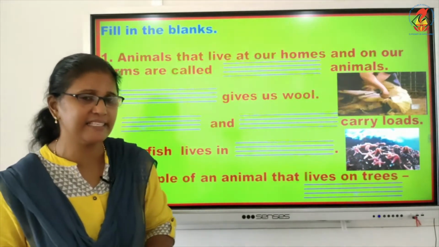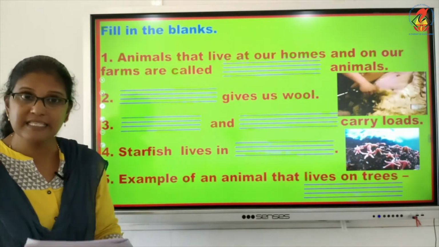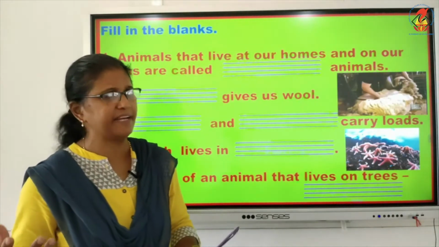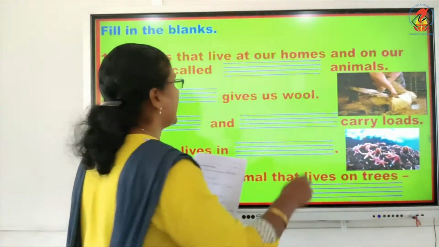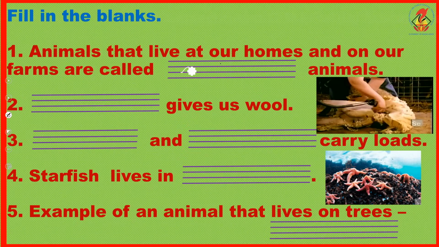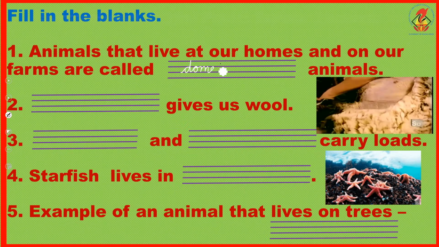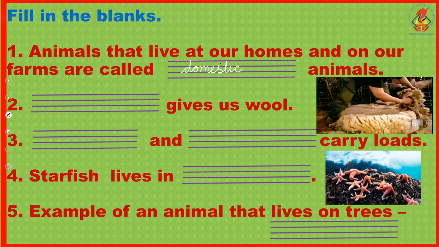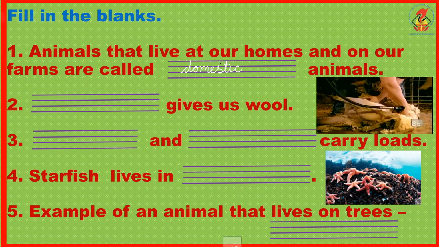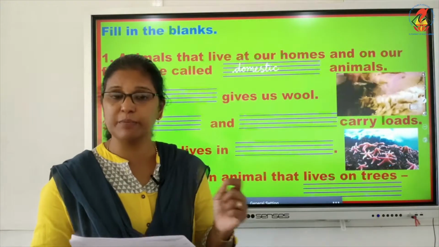Can you tell me the answer? Yes, it is domestic. Yes, you can write farm too, but it is domestic. Let's write the answer. D-O-M-E-S-T-I-C, domestic. So, we have the first answer goes as domestic.